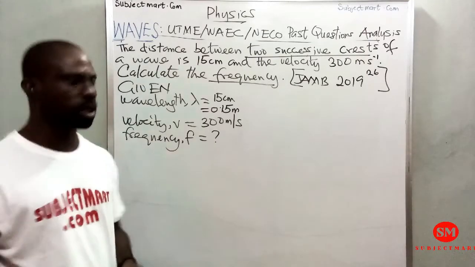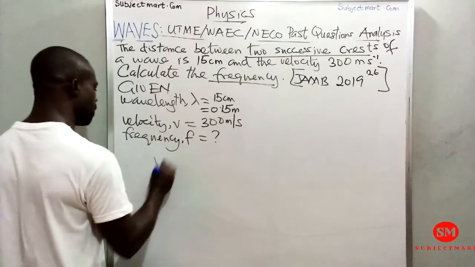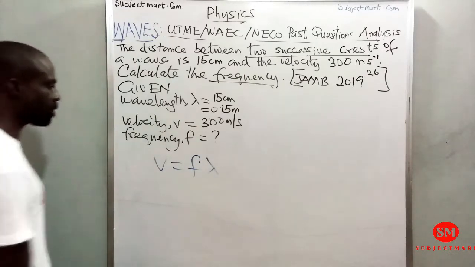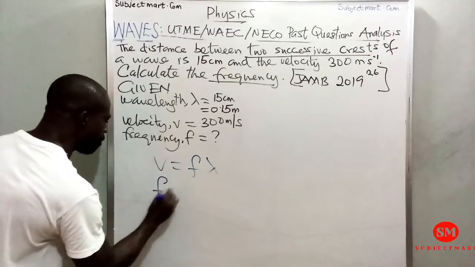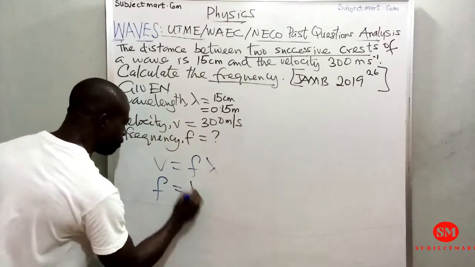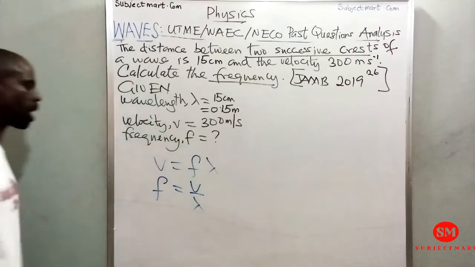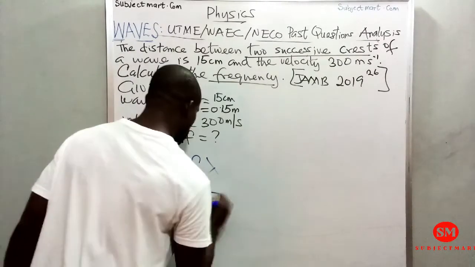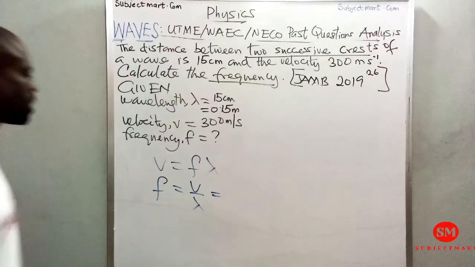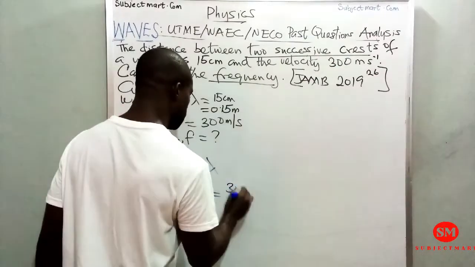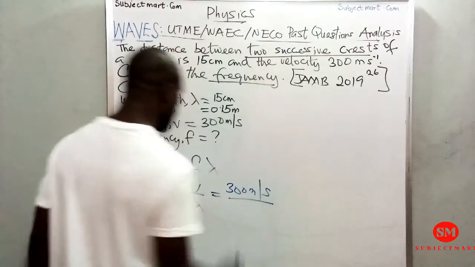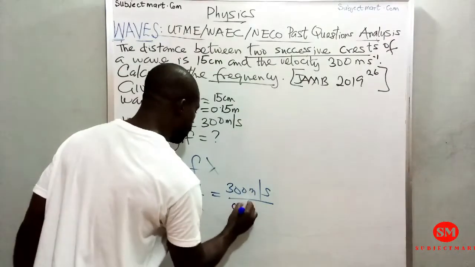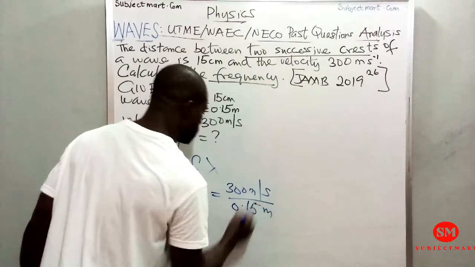What is frequency? The formula is V equals F lambda. That means I'm making F the subject right now. So F is V over lambda. Now V is given as 300 meters per second, and wavelength is 0.15 meters.